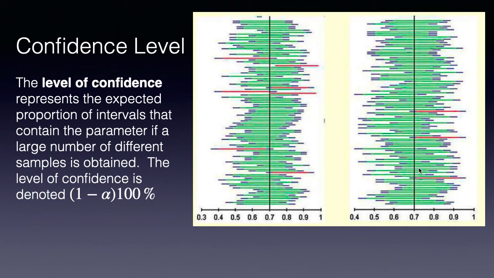If you take a look at these 200 intervals, note that these red ones, 1, 2, 3, 4, 5, 6, 7, 8, 9, 10, 10 of these red intervals do not contain the population proportion. Notice that 190 of them do. So that means that 95% of my confidence intervals contain the population parameter.